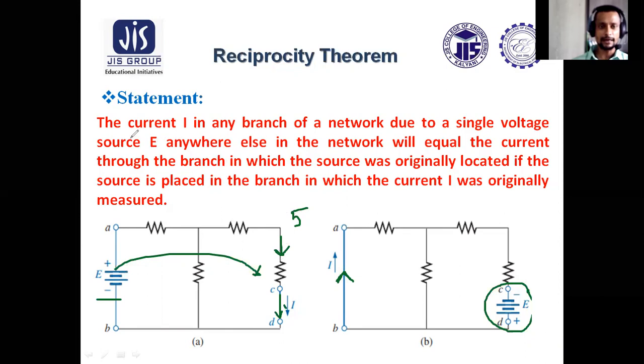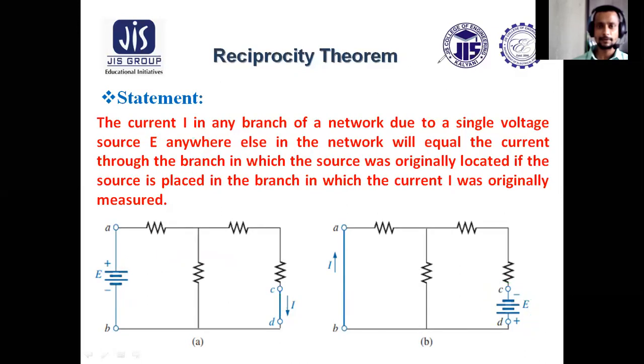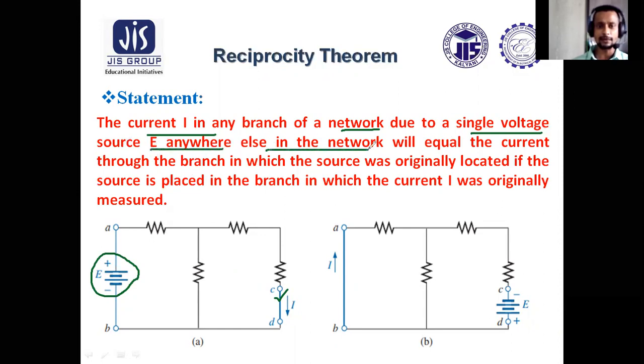So the current I in any branch of a network due to a single voltage source. The reciprocity theorem is applicable for a single voltage source only. Due to a single voltage source E anywhere else in the network.